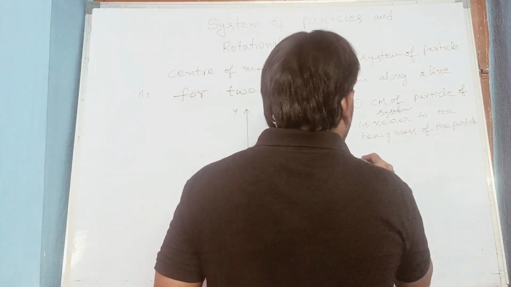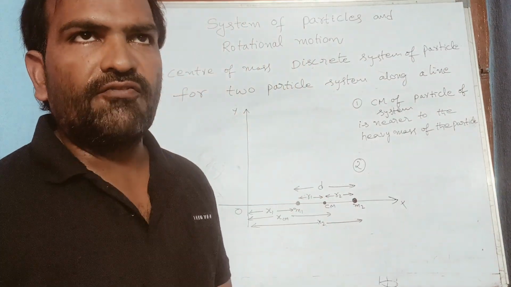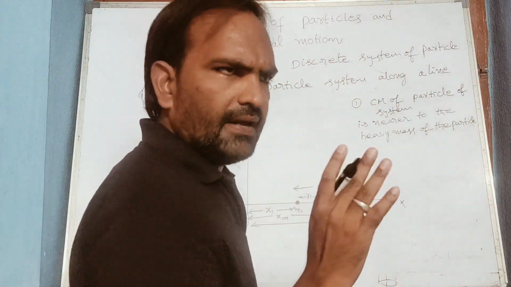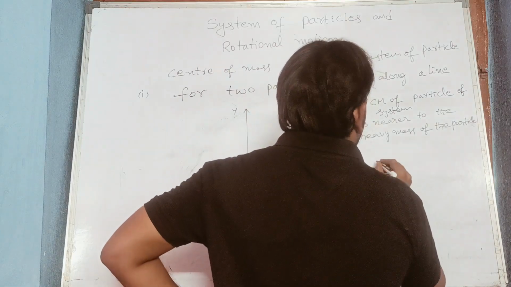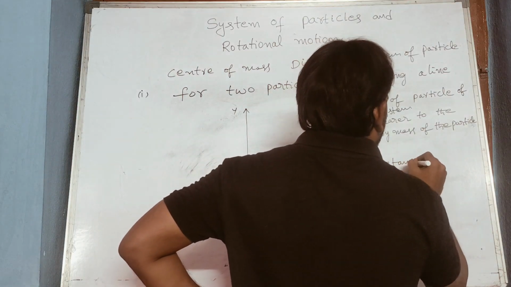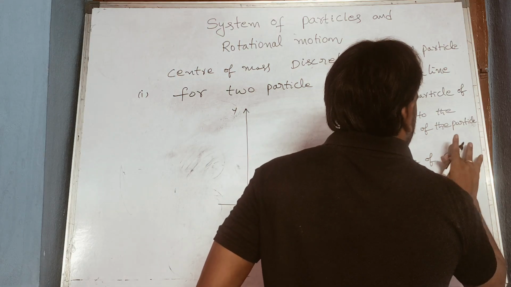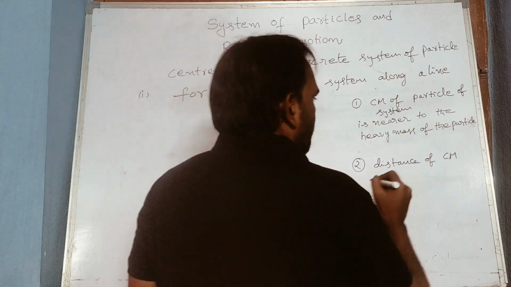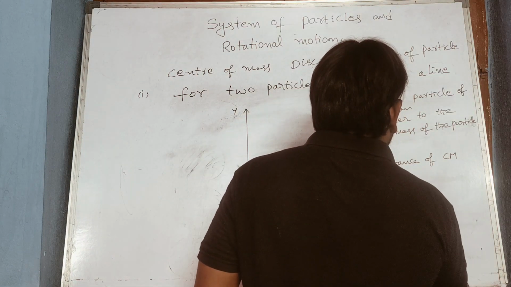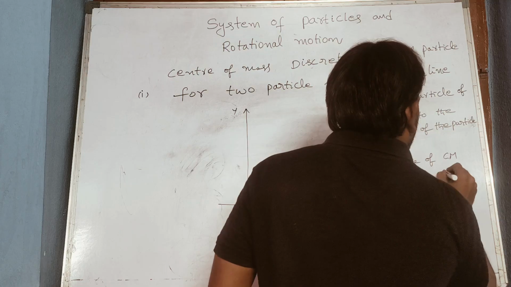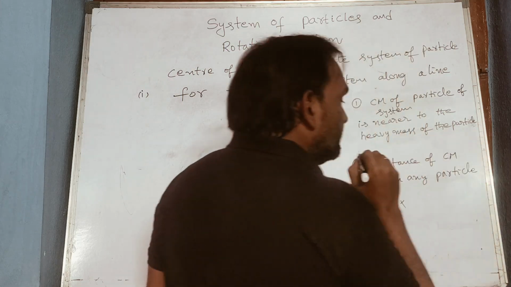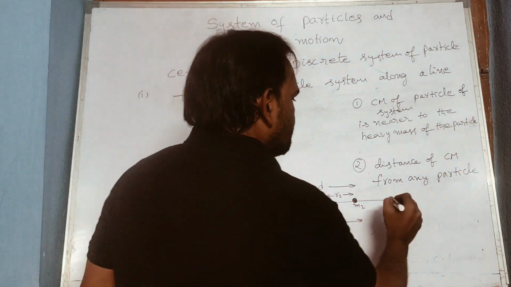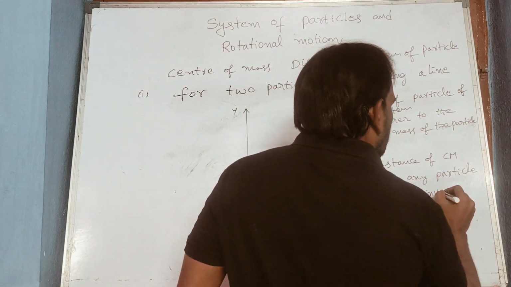And next, the second important point: the distance of the center of mass from any particle is inversely proportional to the mass of the particle.